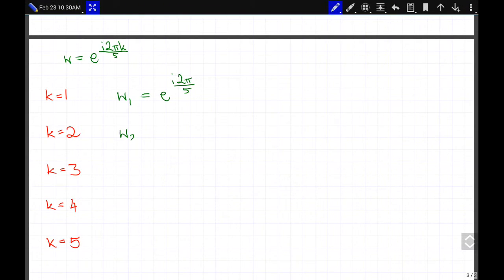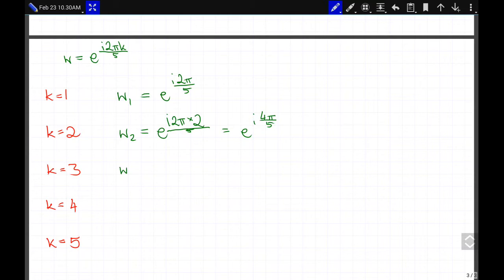So w2 will be e to the i times 2 pi times 2 over 5, and that is e to the i 4 pi over 5.